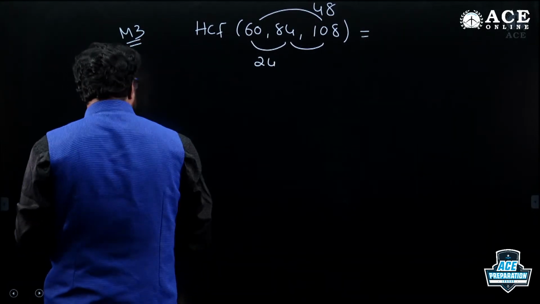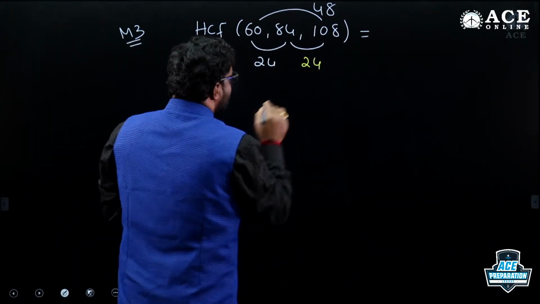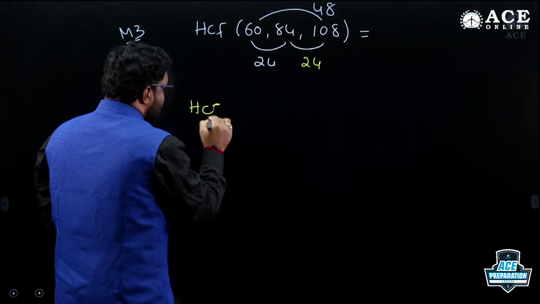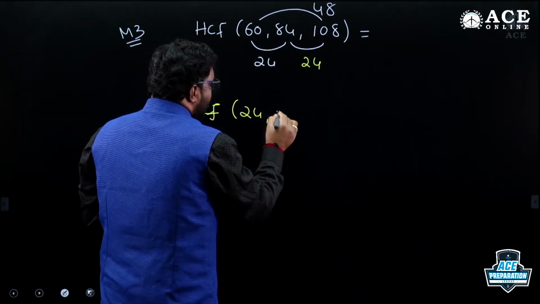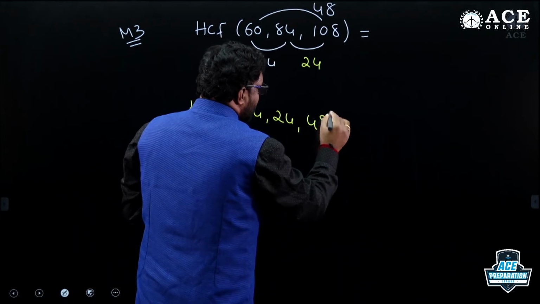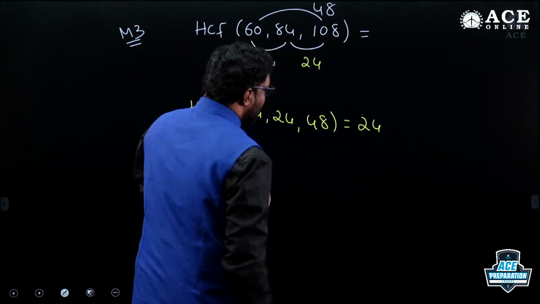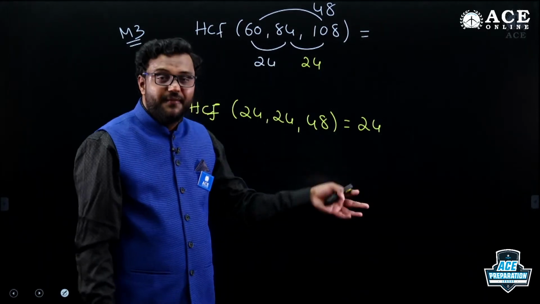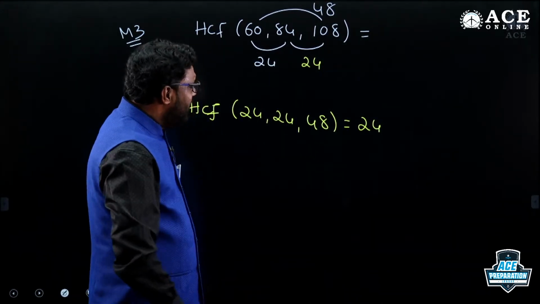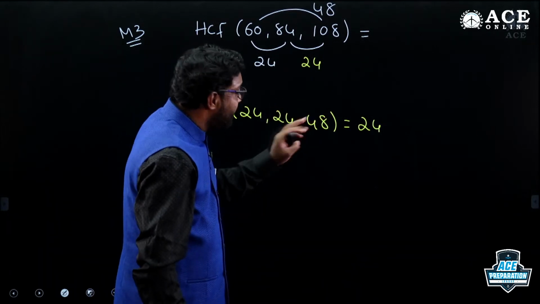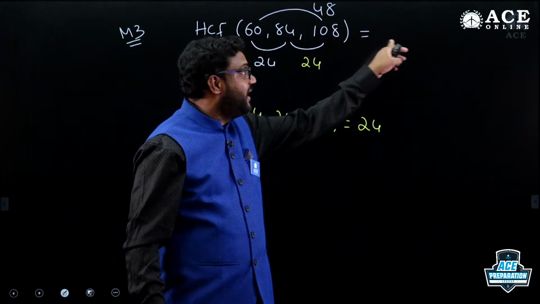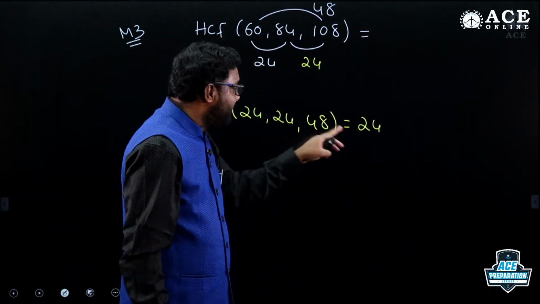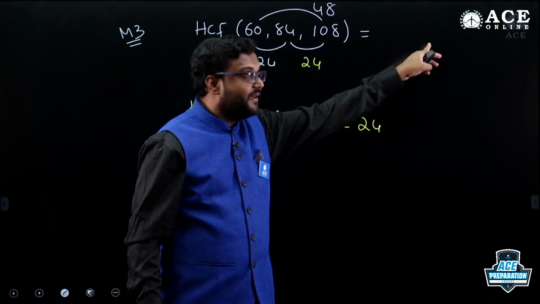Now, take the HCF of the differences, my dear friends. For 24, 24 and 48, HCF is nothing but 24 for us. Right. Now, this HCF of the differences may be the HCF of the given numbers.